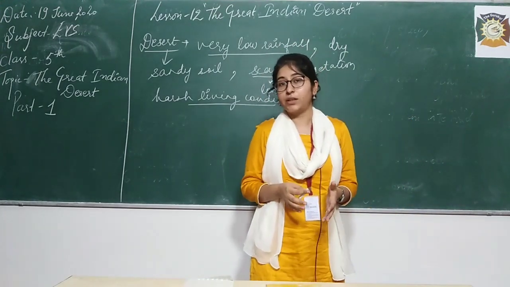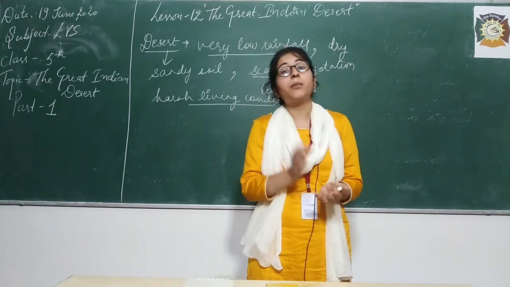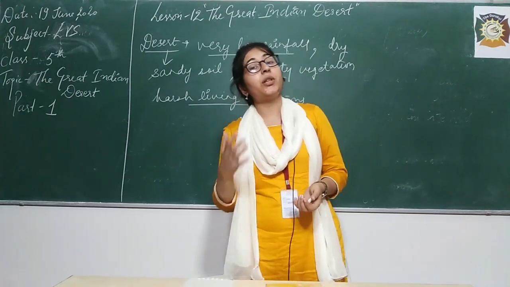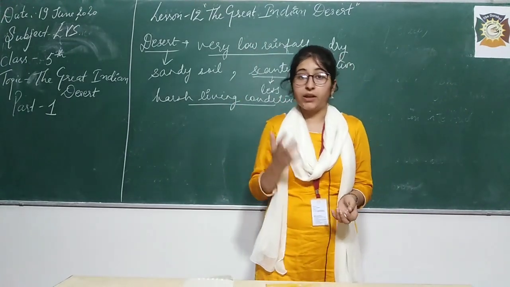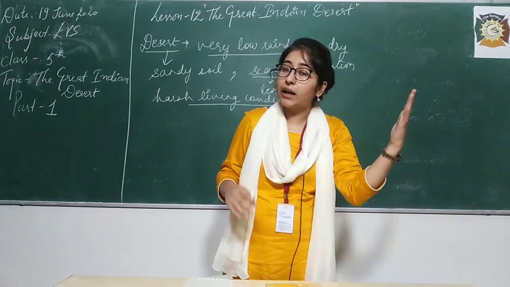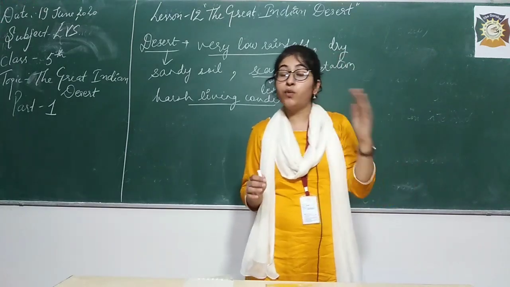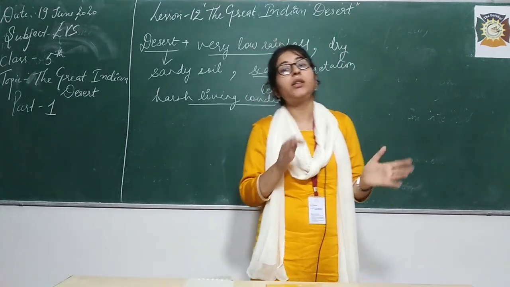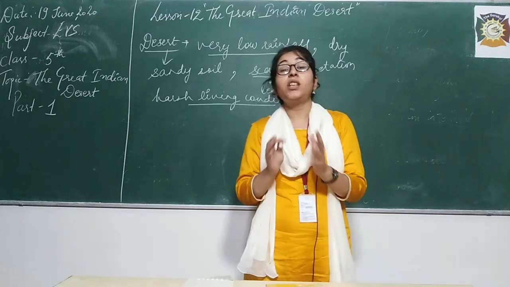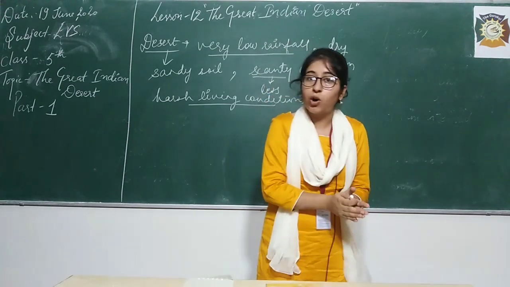Why do they face this trouble? Because of the temperature. The temperature conditions are very extreme. Extreme means either very high or very low. In the daytime in summers the temperature is very high, and in winters it is very low. So it is very cold in winters and very hot in summers.